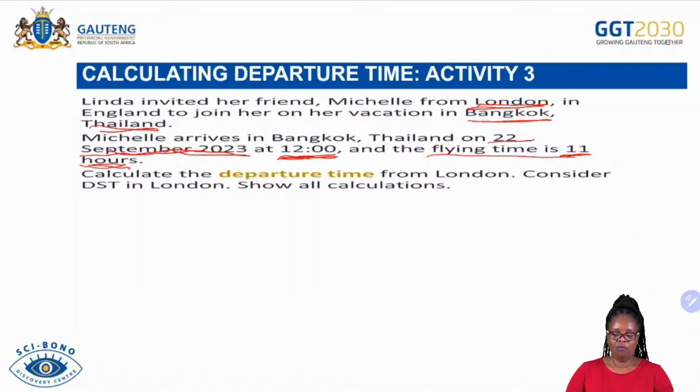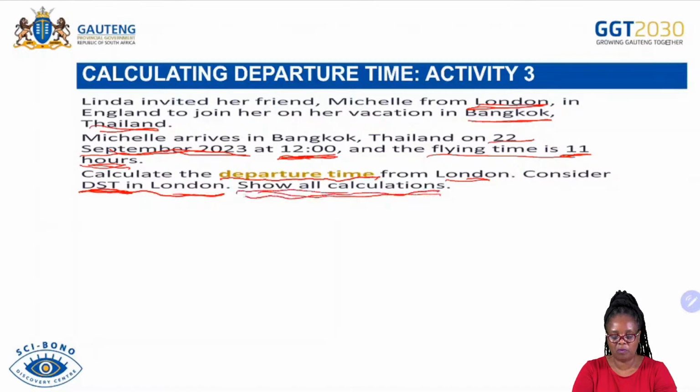So now we go to the question. The question says, calculate the departure time. We want the departure time from London. Consider DST in London. Show all your calculations.